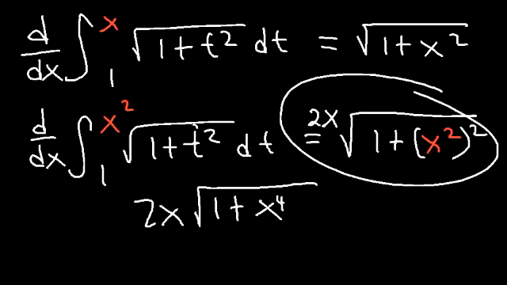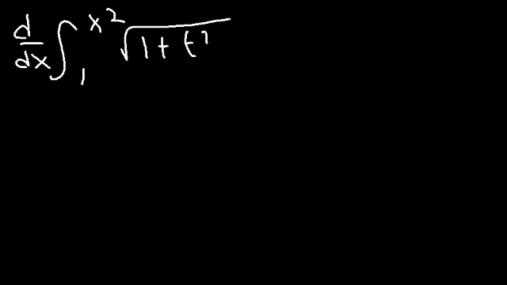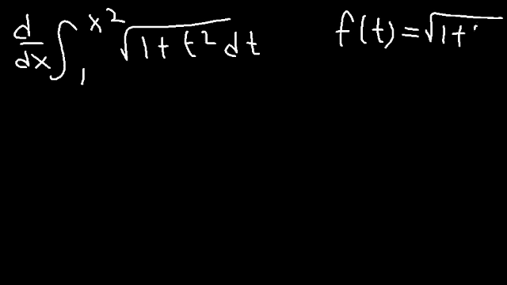So how can we show our work to get that answer? First, we're going to say that square root 1 plus t squared is f of t. So we're looking for the derivative of the integral of f of t dt.